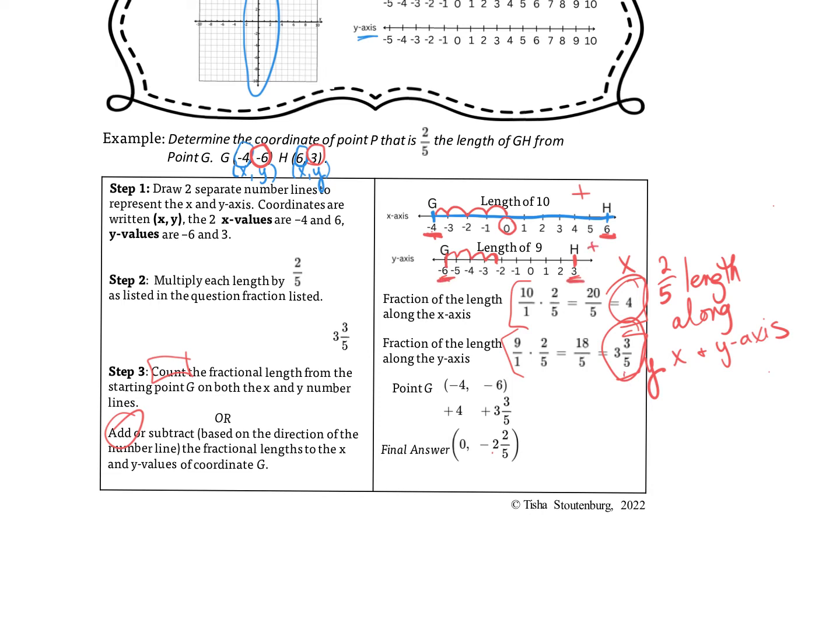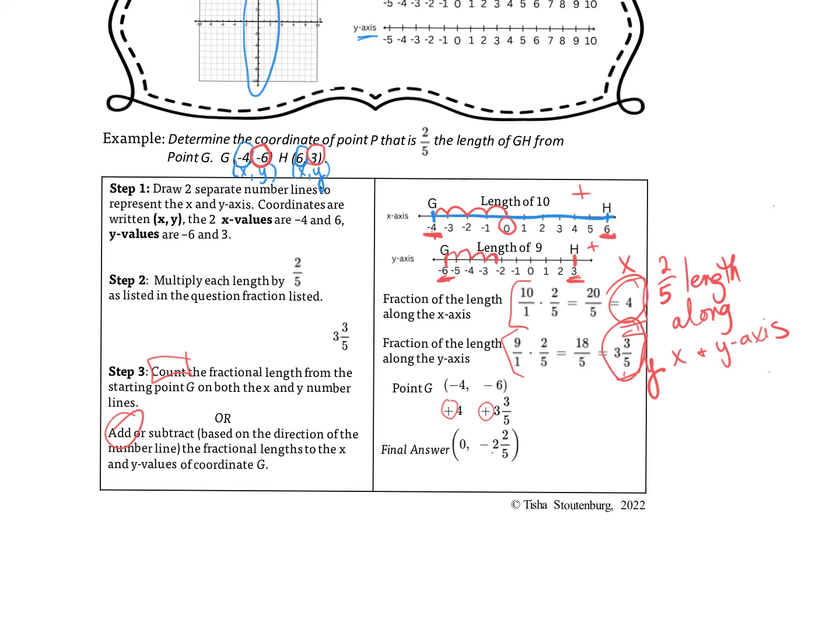So going from G to H, the numbers are getting bigger. It's becoming more positive. So that's how I know to add both of my fractional lengths to my coordinate. And my final answer, of course, is (0, -2 2/5).